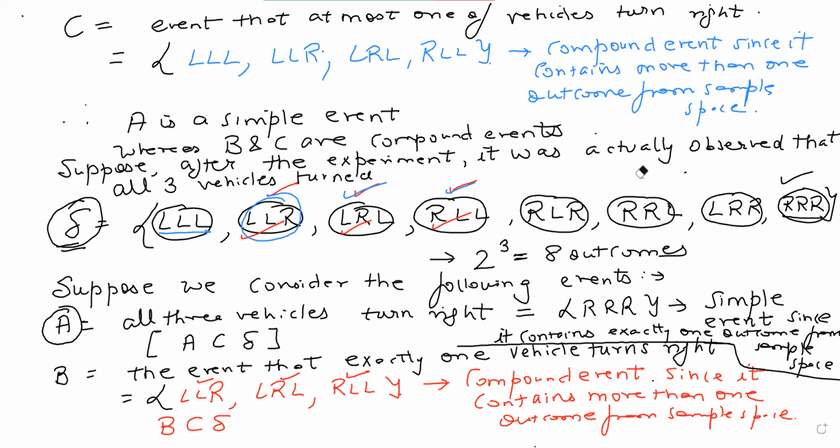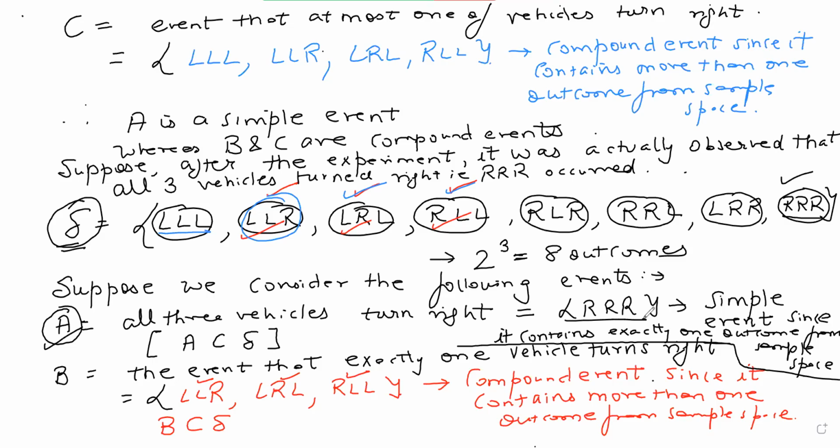That is RRR. Now, this is what actually occurred. You can clearly see that the simple event A has occurred. And along with A, what all other events have occurred?